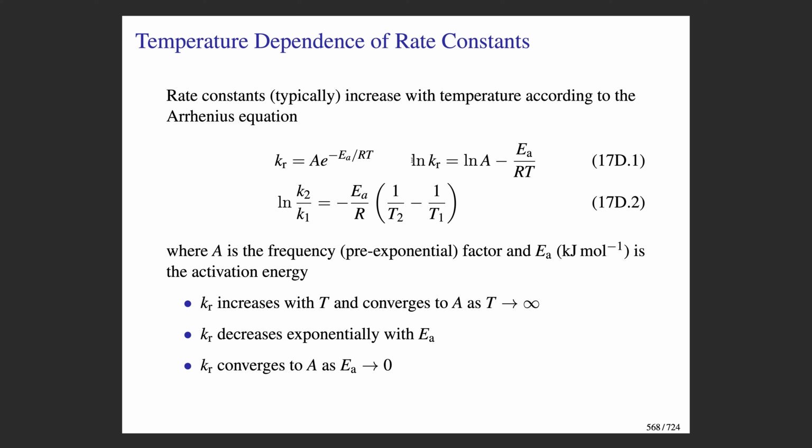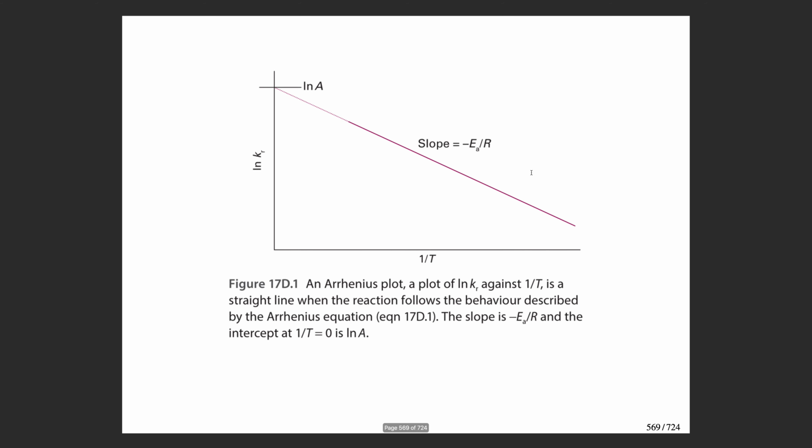The reason I call this the linear form is that you can plot this as your y-coordinate, and you can plot 1 over T as your x-coordinate, the result of which will give you a linear curve that looks something like this, where the slope of that straight line will be minus the activation energy divided by the gas constant, and the activation energies are almost always positive, and so it's going to be a downward sloping line. And then the intercept is equal to the natural log of the frequency factor.